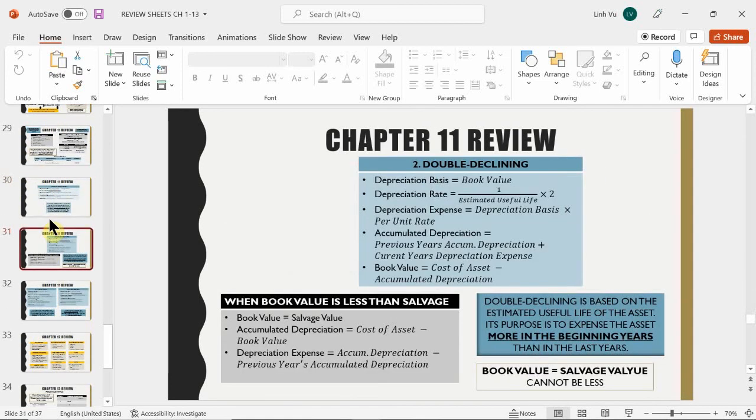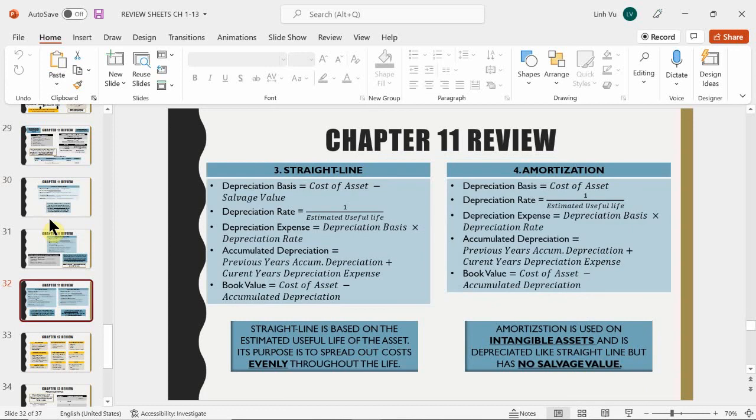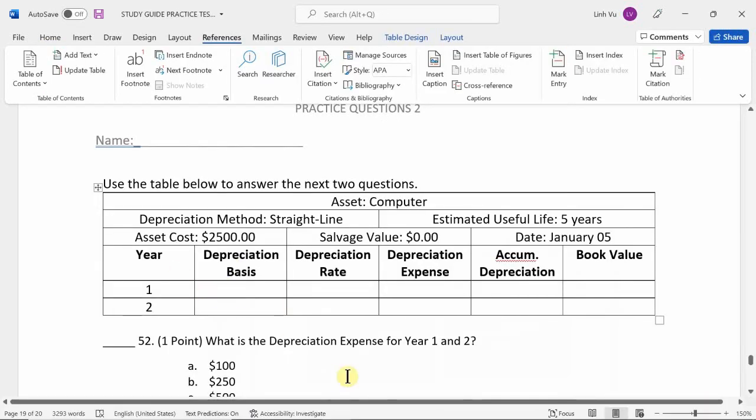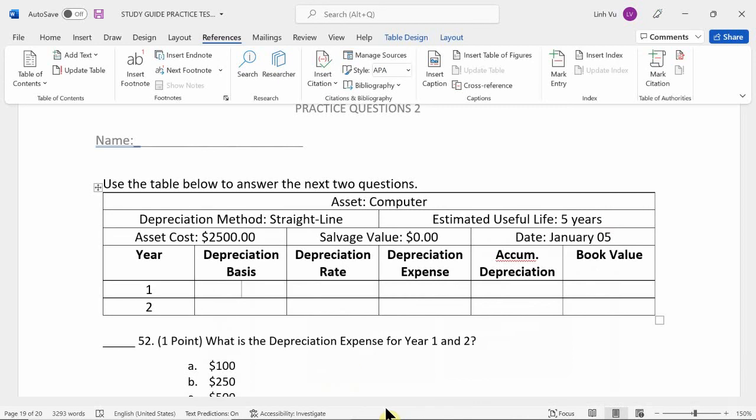Okay, straight line is this one. Cost of asset minus salvage. And there was no salvage, so 2,500. My asset cost of 2,500 minus salvage value of 0 is going to give you 2,500.